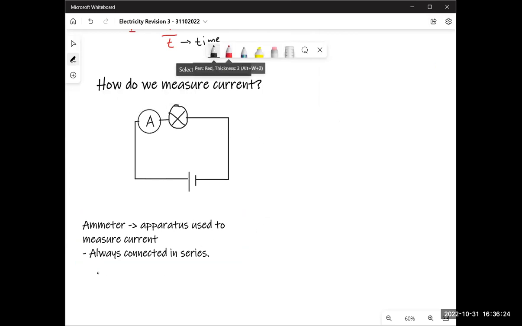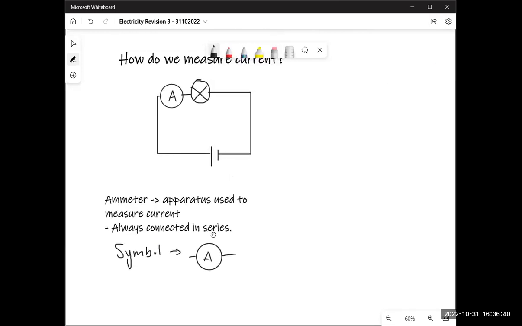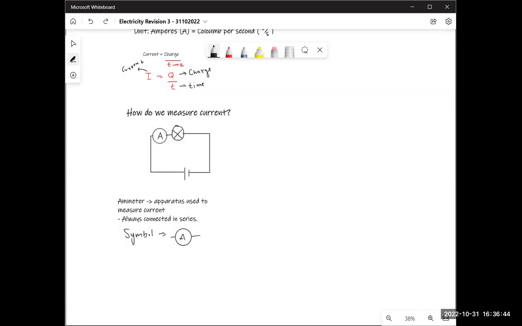The symbol for ammeter is a circle with an A. That's it. You can connect it any way you want. Not in anywhere, you have to connect this in series. What does series mean? We'll look at that in a few seconds.